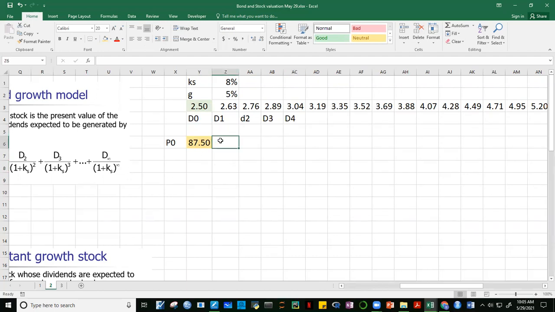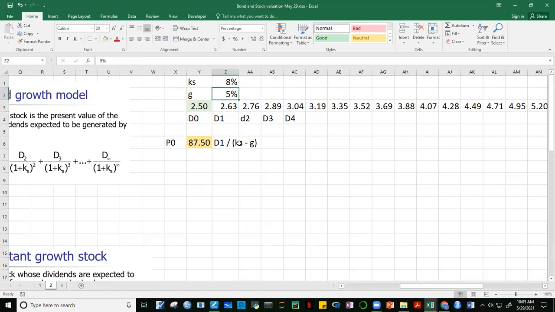Ang price ng stock, sabi natin, this is equal to D1 divided by K sub S minus G. Yan ang price ng stock na yan. So anong assumptions dito? Alam natin yung growth rate, alam natin na constant yan over time. So if that's the scenario, then we can compute for the price of the stock, which is 87.5, equal to the D1, which is 2.63, divided by K sub S minus G.